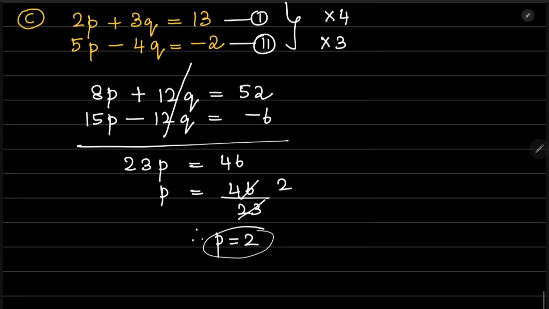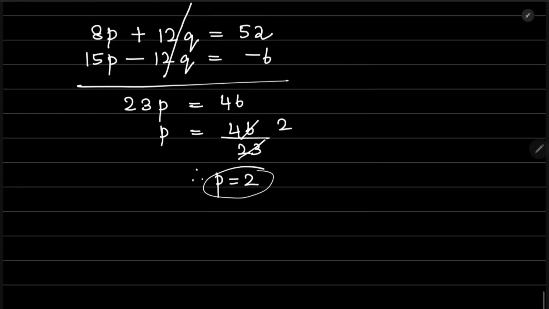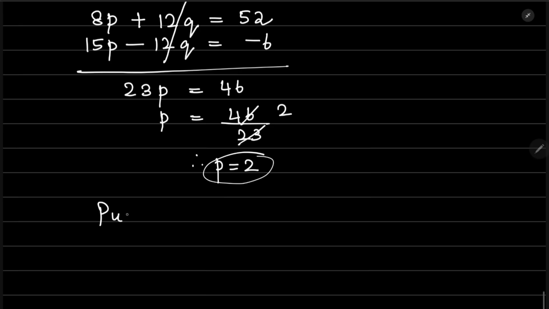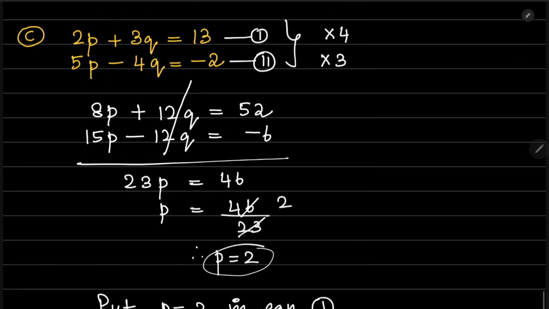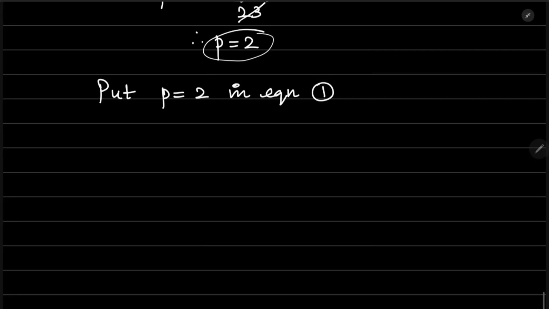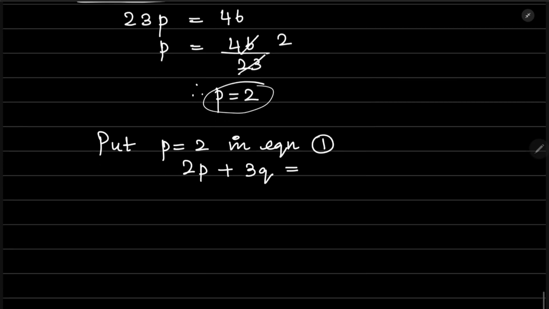Now you can put P equal to 2 in any one of the equations. So let's put it in equation 1. What is our equation 1? 2P plus 3Q equal to 13. So 2 multiplied by 2 plus 3Q equal to 13.